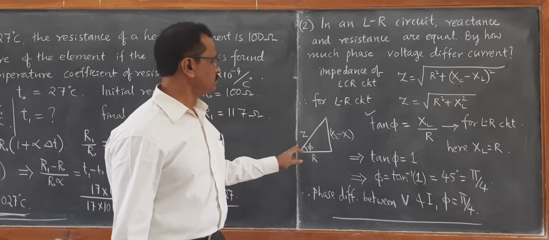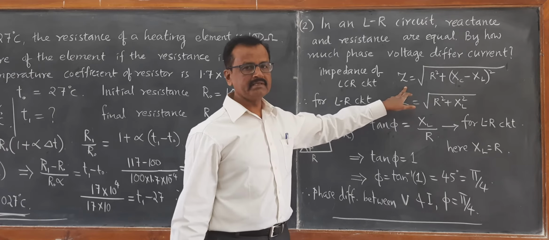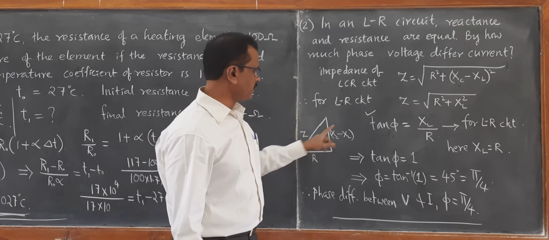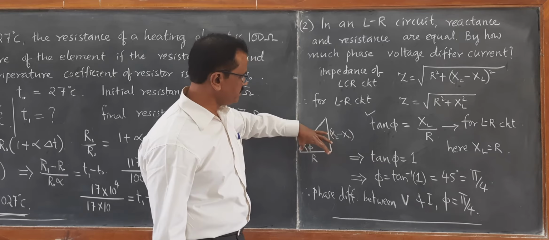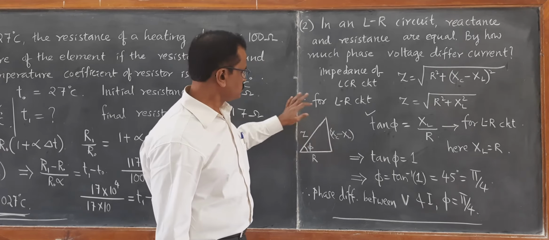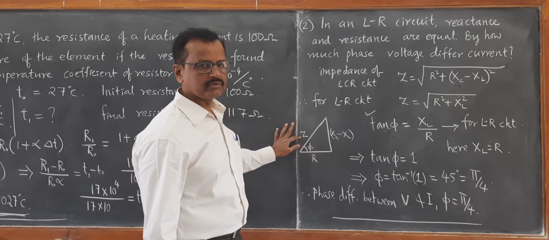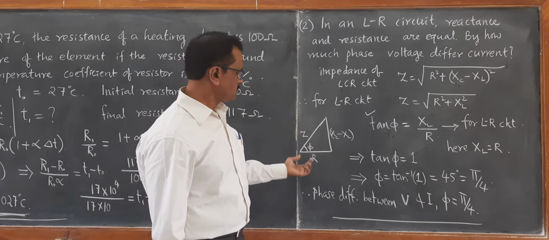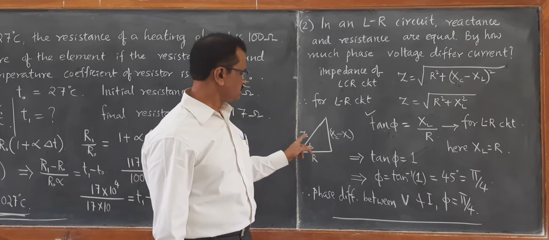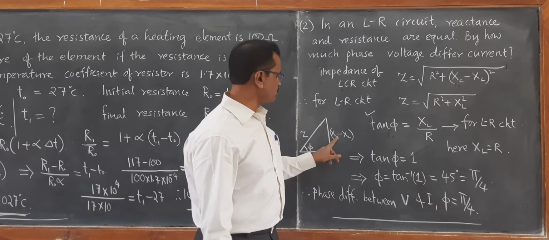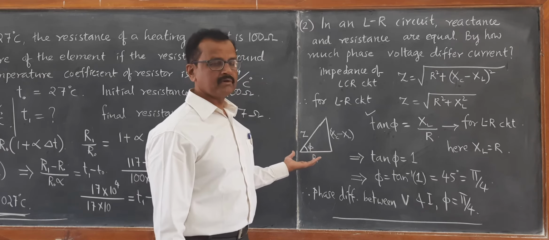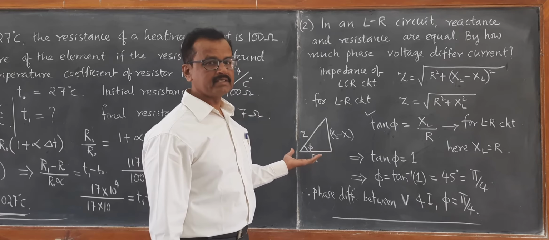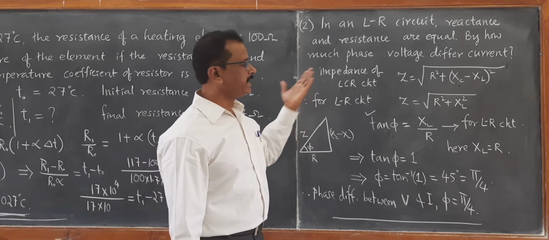It will help you to write the equation for impedance as well as the equation for tan phi. Tan phi is equal to opposite by base. The square of the hypotenuse is equal to the sum of the squares of the other two sides. Z square is equal to R square plus XC minus XL whole square. This is the standard impedance diagram for an LCR circuit.